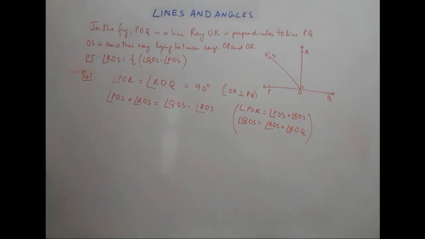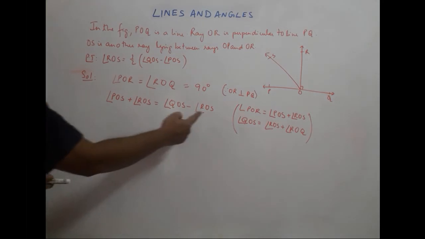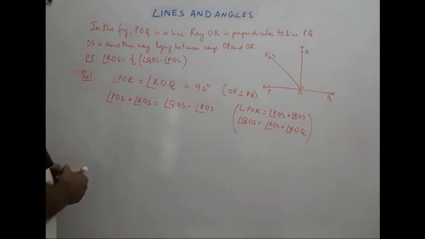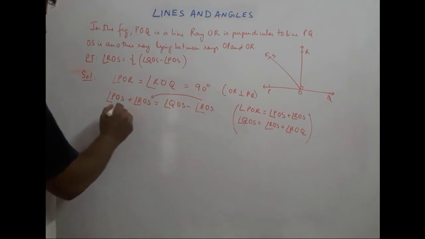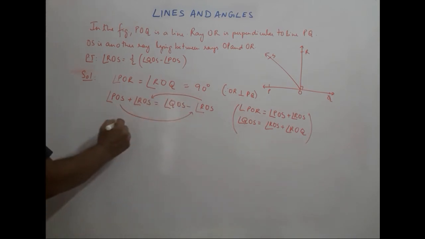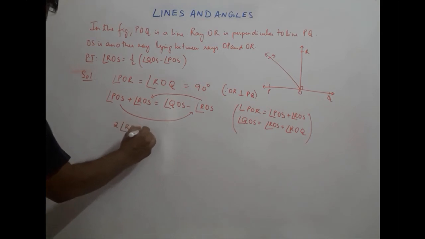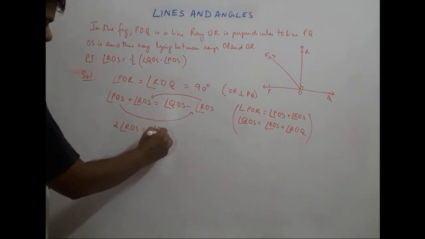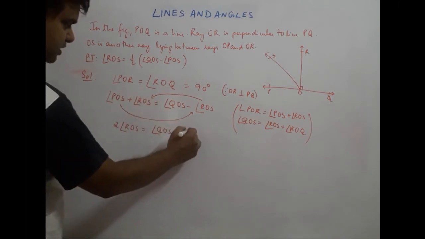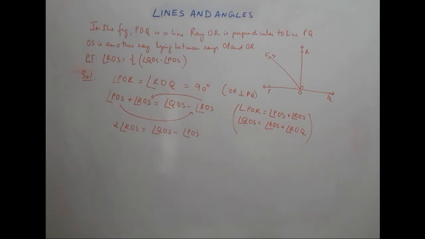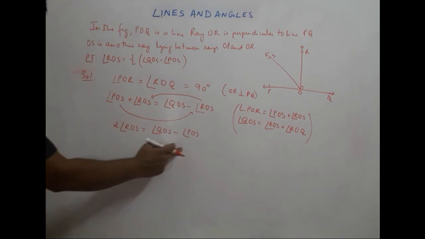Now what we can do is bring ROS this side and take POS that side. So we get 2 times angle ROS equal to angle QOS, which remains there, minus POS, since POS goes on the other side and takes the negative sign. Since 2 is multiplied with ROS, if we take 2 down, it becomes division.